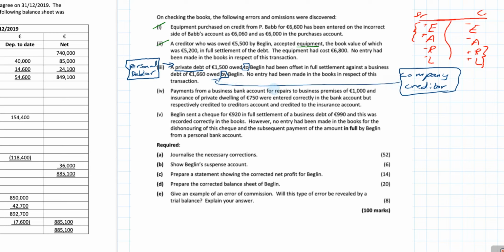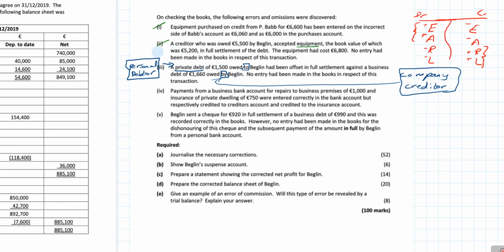No entry had been made in the books in respect of this transaction. Nice and simple. So what we're essentially saying is this is almost as if it's like a contra entry to some degree if we were looking at control accounts, because we have a debtor and a creditor that is the same person. However, we're segregating them into private and company.